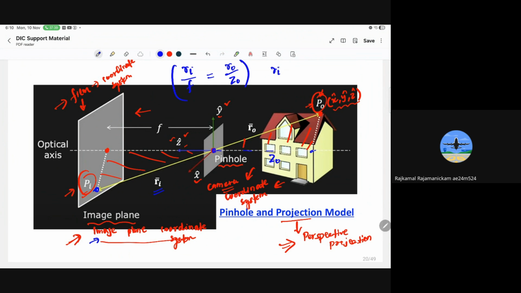So this is the popular relation we all know. Now Ri in image coordinate system would have xi comma yi, and Ro in the camera coordinate system will again have two coordinates. The perpendicular coordinate is z, here it is f. So two coordinates for Ro, the xy coordinate, we can call xo and yo. So we can relate the xy coordinate of this particular point Pi to the xy coordinate of this particular point Po.